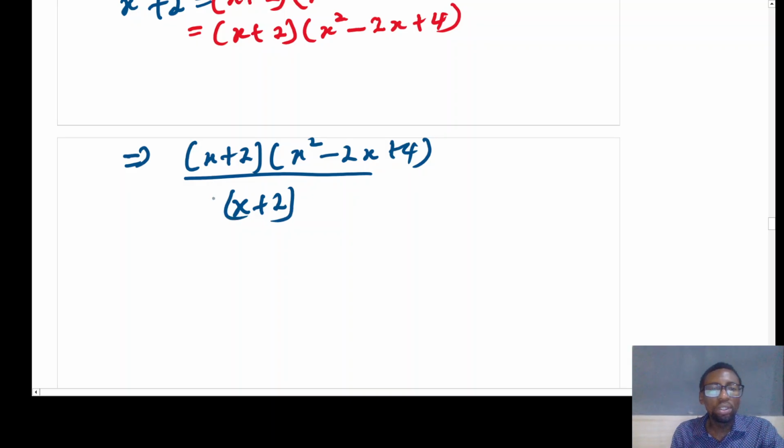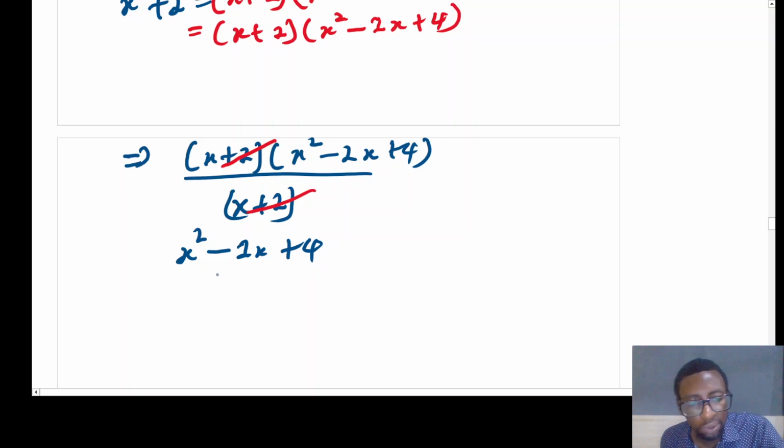So you can see there's a common factor now. We are going to be left with what? I'm going to be left with x squared minus 2x plus 4. Let's check, is this factorizable? I don't think so. Product of plus 4, sum of minus 2. I don't think that's factorizable, so leave it like that.